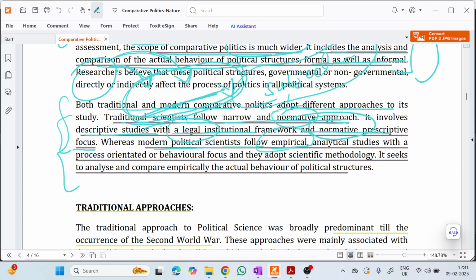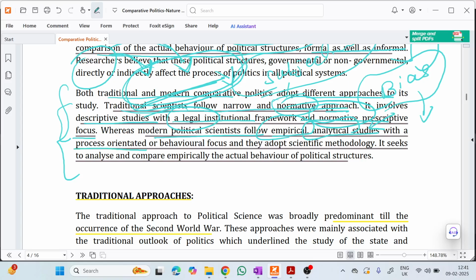scientists follow empirical, which means objective study, analytical studies, which means the personal prejudices, stereotypes, mental frameworks, and beliefs were not taken into account. In short, personal biases will not influence the outcome, so that the study will be objectified, will be analyzed in a scientific manner, in a process-oriented or behavioral focus.